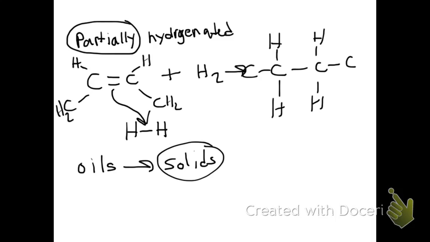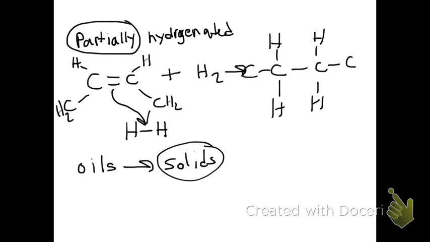But the bottom line is that in the process of going through these addition reactions, the double bonds that do not get changed, under high temperature and pressure, change from the cis form to the trans form. So again, to reiterate: you have an unsaturated fatty acid.